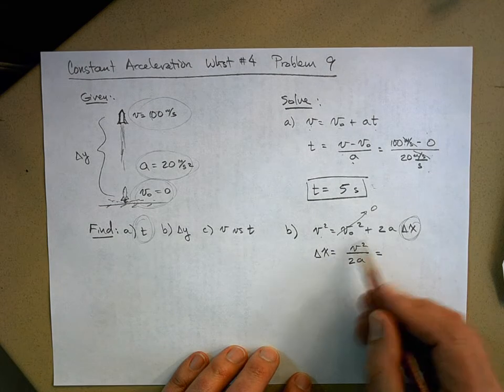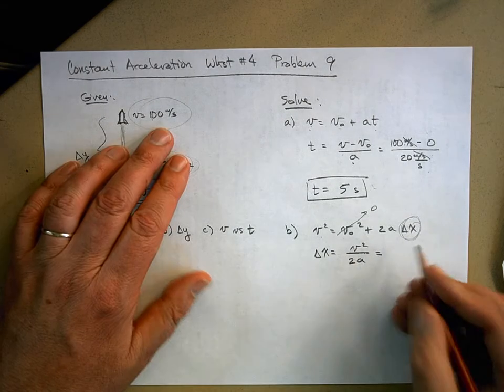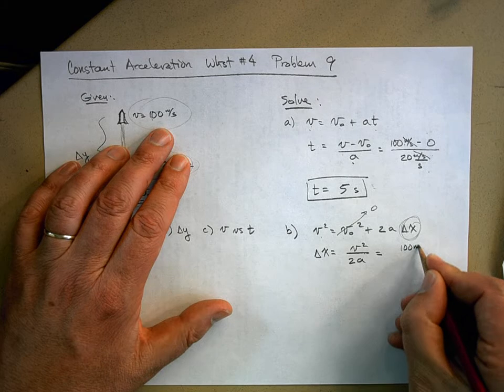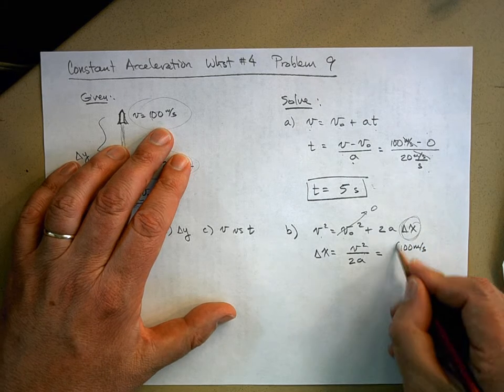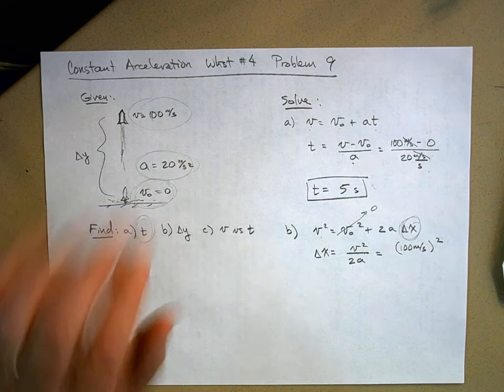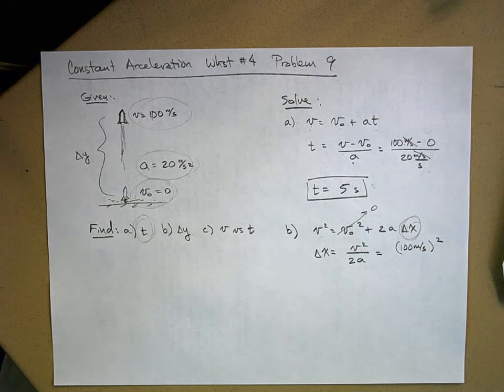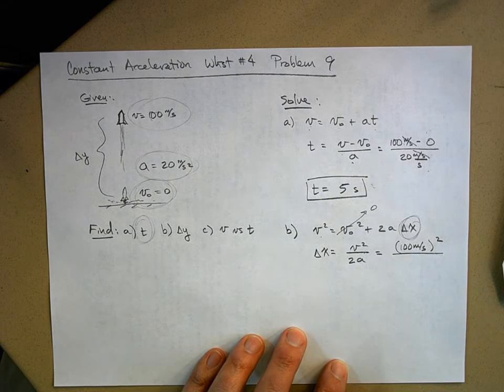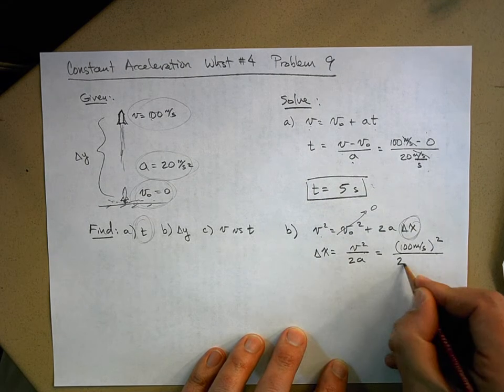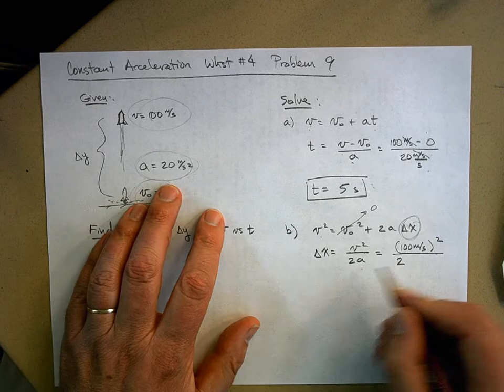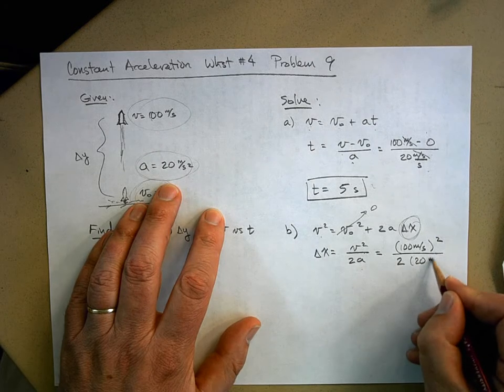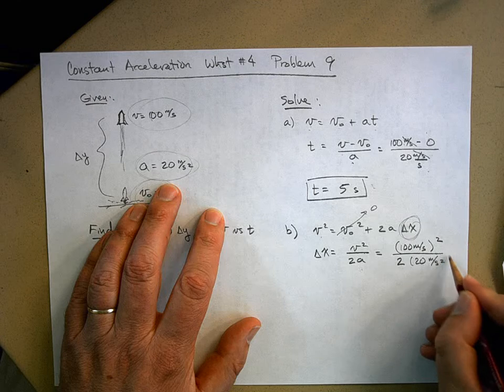What is the final velocity? 100 meters per second. What do I need to do to it? Square it. Very common mistake, students forget to square stuff a lot. So don't forget to square. 2 times, what's the acceleration? 20 meters per second squared.